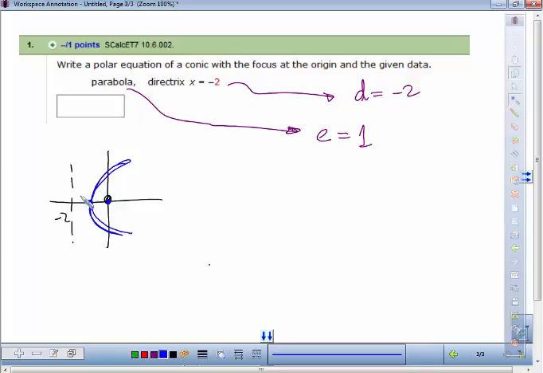I'm not sure how to shift the polar coordinate graph. The only way I can think of shifting it is changing it into parametric equations and then doing the shift there. Because in parametric equations, when you shift, you just add to the x and add to the y, and that brings you to a new point. So in polar coordinates, that idea of shifting seems to be a lot more difficult, actually.